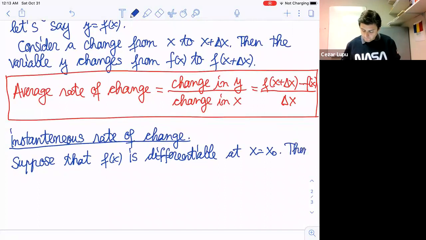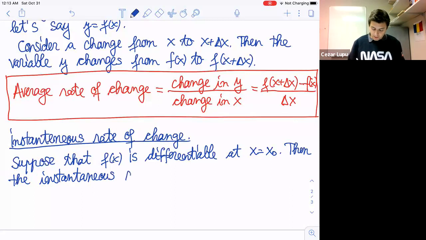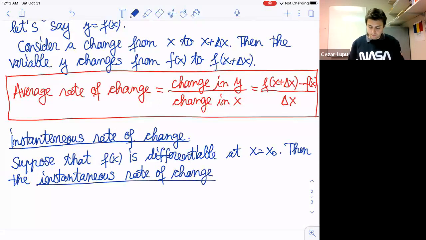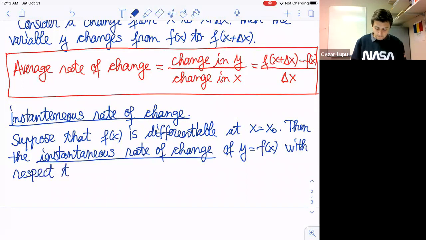Then the instantaneous rate of change, right? The instantaneous rate of change of the function y equals f of x with respect to x, right?